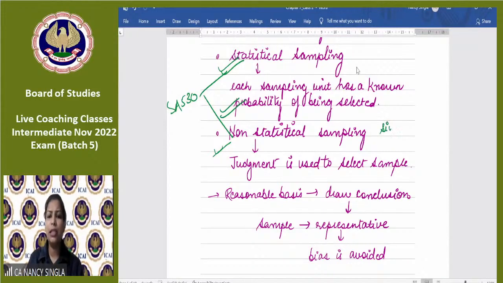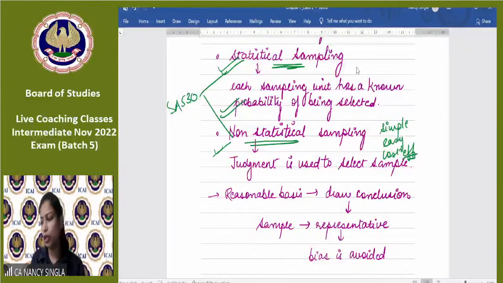See, it is simple. It is easy to use. It is cost effective. No one needs to be given any training. But for statistical, you need to know the formulas. The team needs to know, they need to get the training, you need to have the software. So this is the reason why non-statistical sampling is also used, and more specifically in the case of smaller organizations.